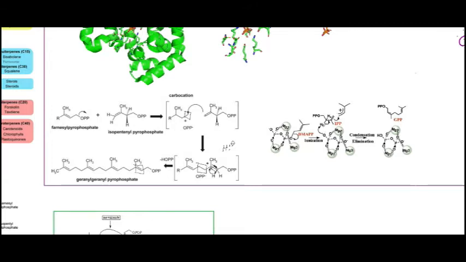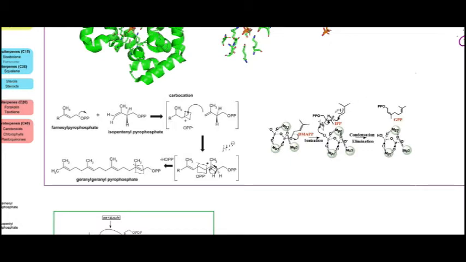Our phosphate is pulling this hydrogen off, or at least that's what it shows on this mechanism here, which is forming the double bond here and causing these electrons to go over here, and then we are forming our product. So this is actually the mechanism for the Geranylgeranyl pyrophosphate.